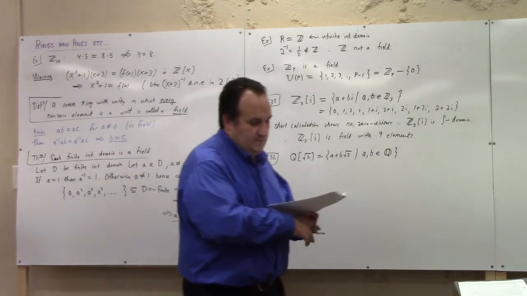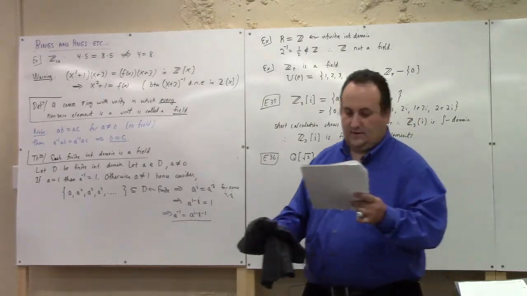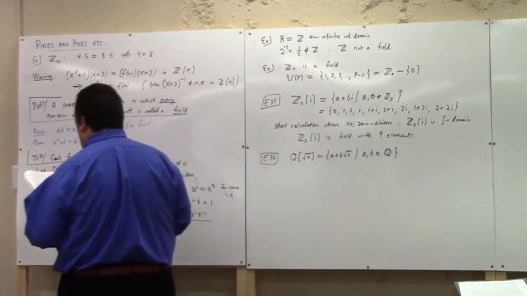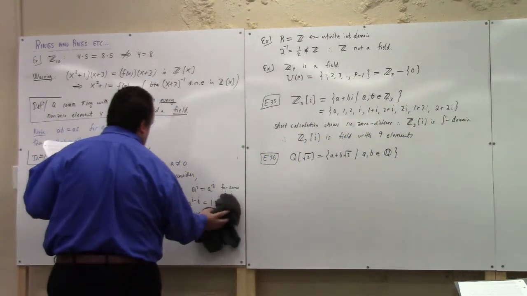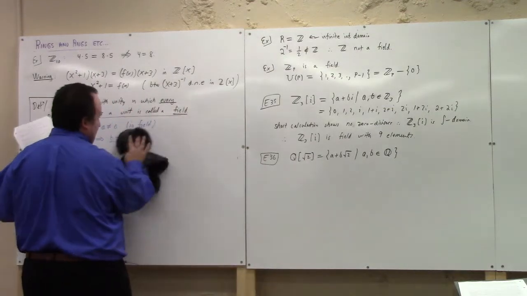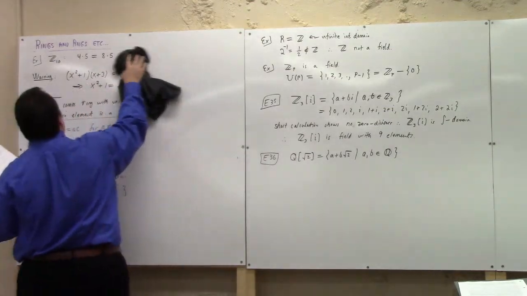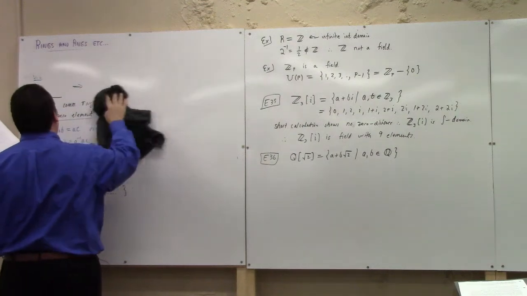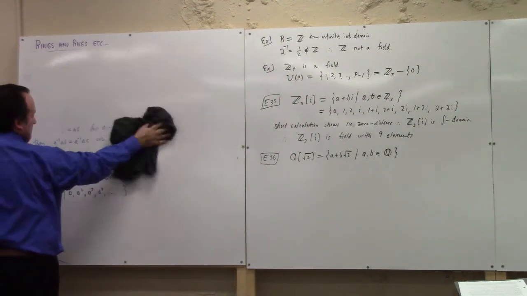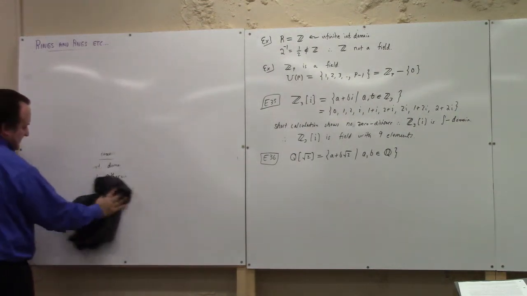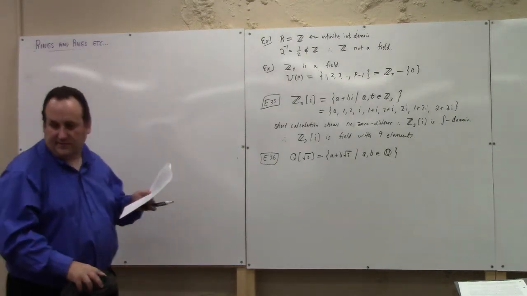So the final storyline for today: we want to talk about characteristic. What is the characteristic of a ring? Have you ever heard the terminology characteristic 0? Wondered what that meant? What does it mean to have characteristic 0?